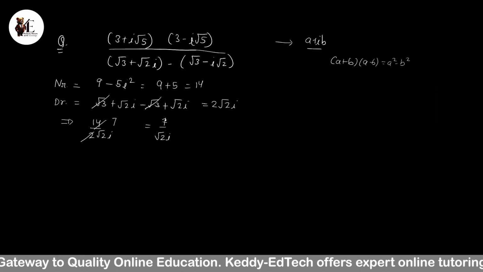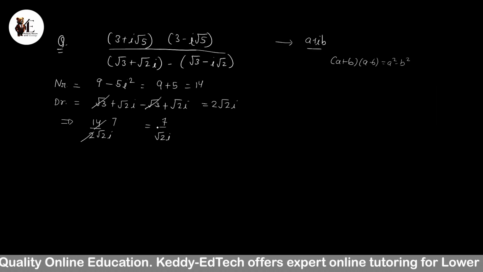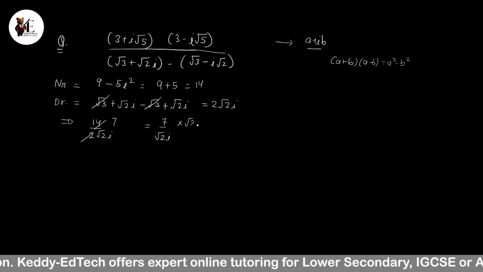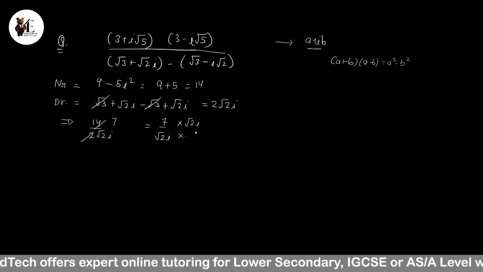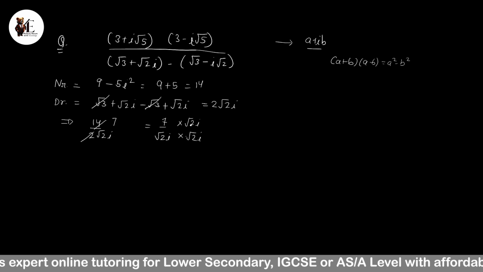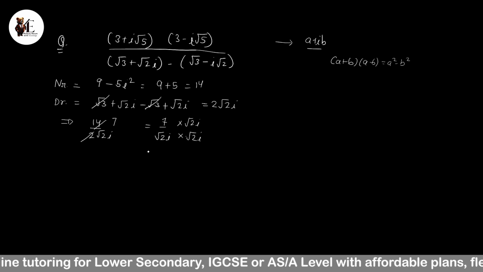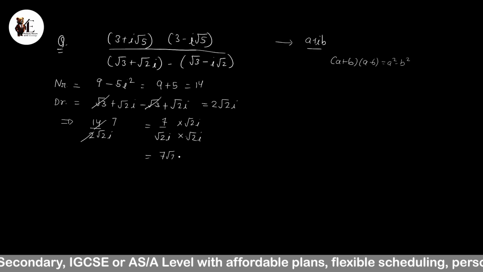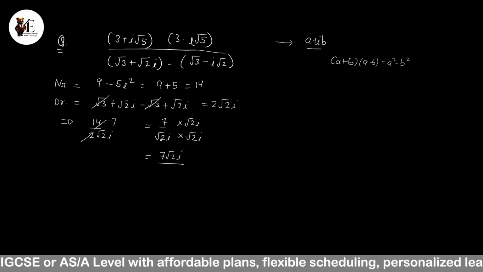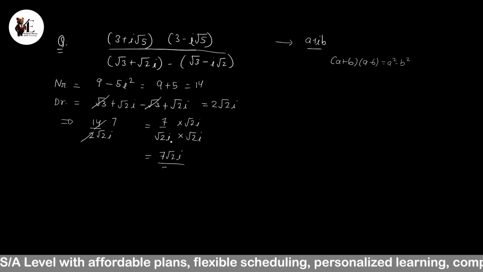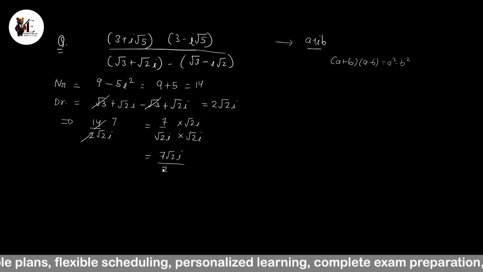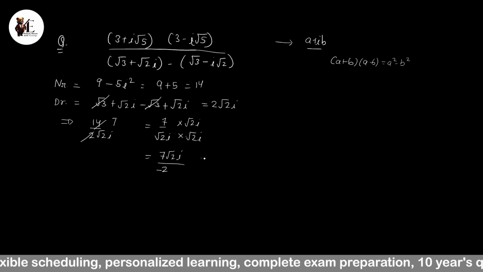I want to eliminate this root and I from the denominator, so I will be multiplying by root 2I in the numerator and denominator both. So 7 into root 2I will be 7 root 2I, and root 2 into root 2 is 2, and I into I is I square, and the value of I square is -1.